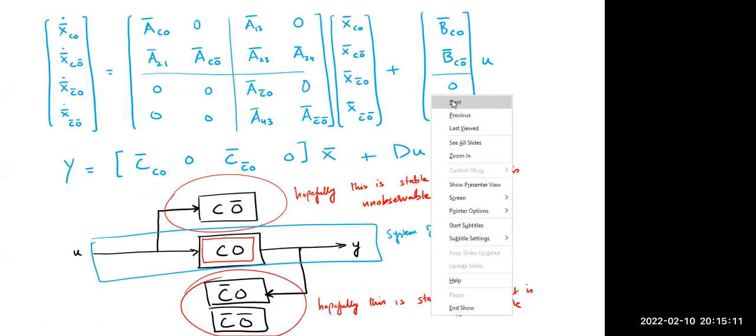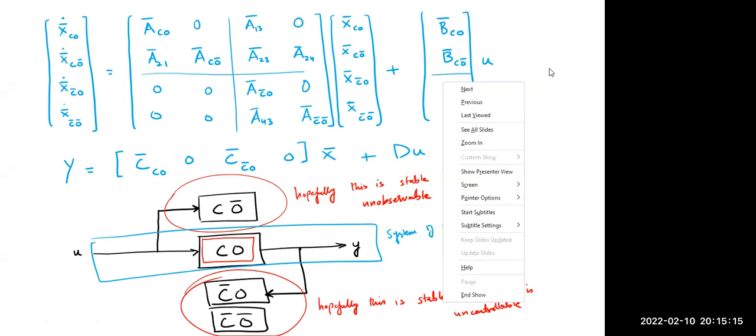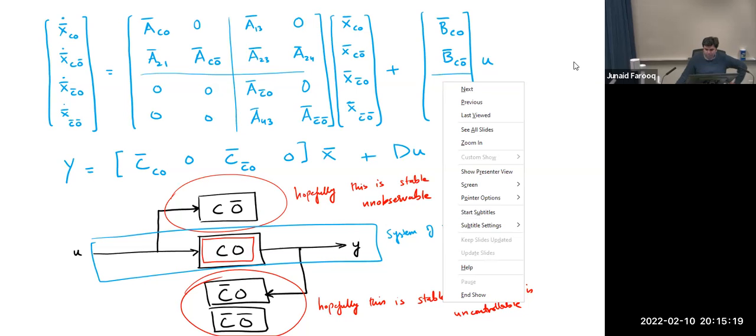Is there any function in MATLAB to find which rows are independent or not? I think there should be. I'm not aware of it. Actually, if you find the eigenvalues, I think that's going to tell you something about it.